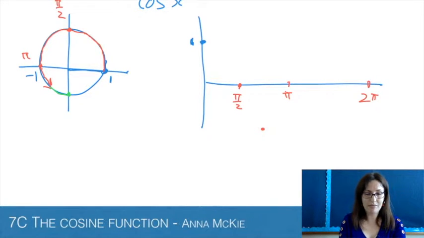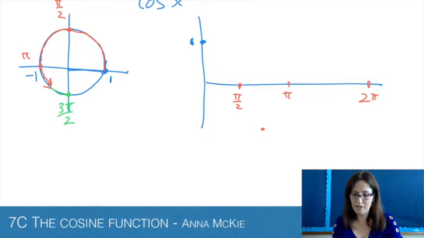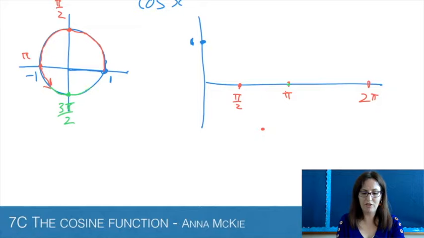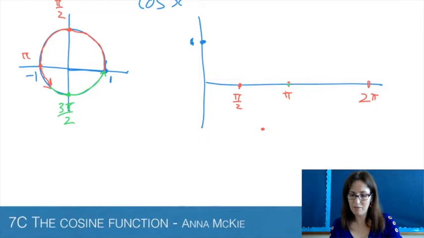Our x part of this at 3 pi on 2, we're back at 0. So that means we've got another x-intercept at 3 pi on 2. And then finishing off, as we come back to 1 again, we're going to have a peak up here.